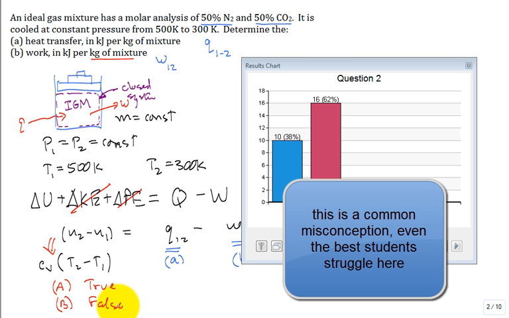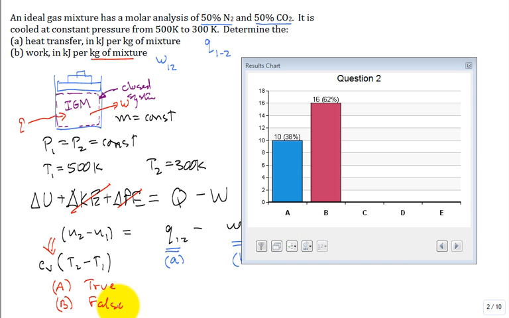Common misconception, isn't it? Can I use the property specific heat constant volume to describe a change in a property for a substance that's undergoing a process that is not constant volume? Yes, you can. That's one of those things out of chapter 3.